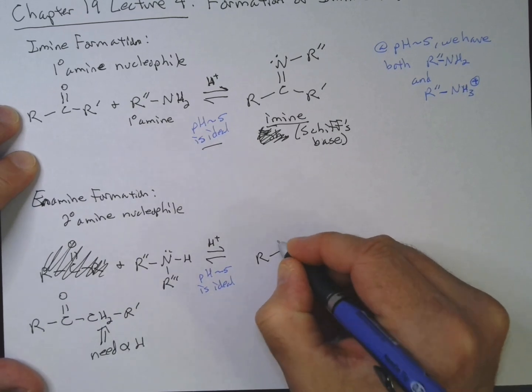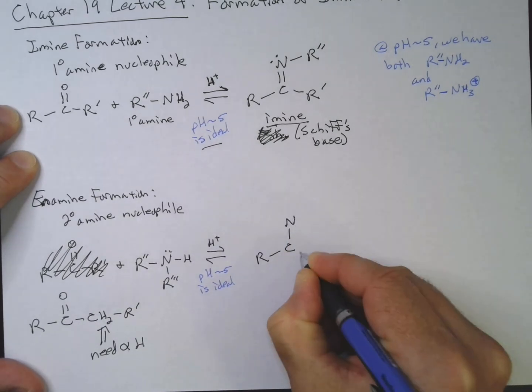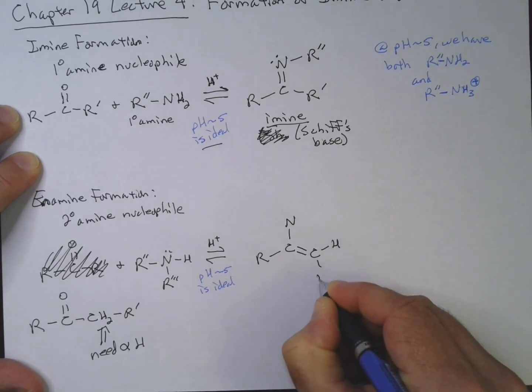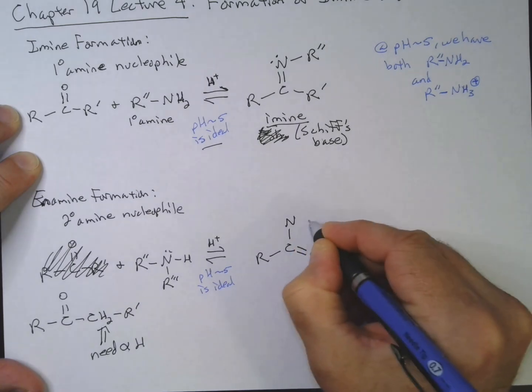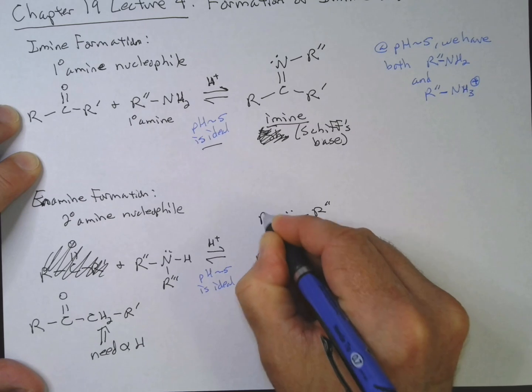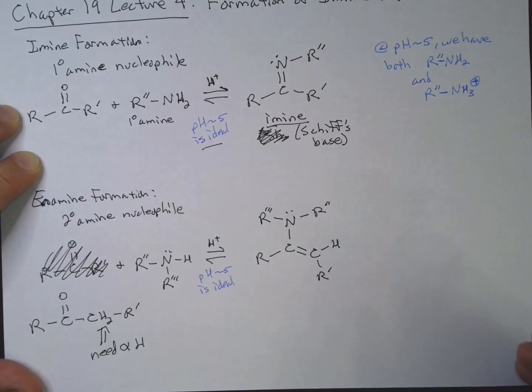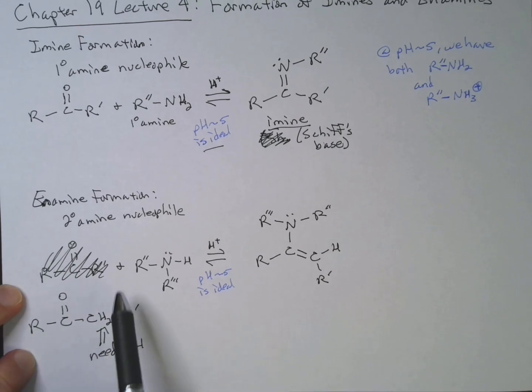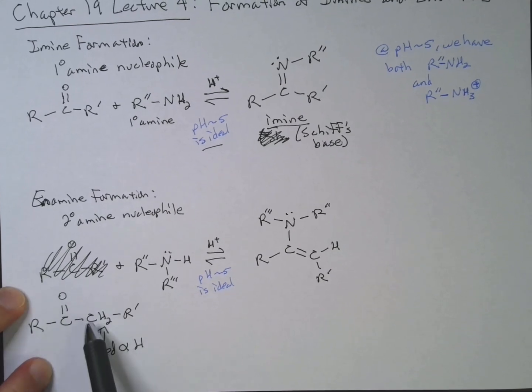So what we end up getting now is double bond CH R prime, and here I've got my R double prime and my R triple prime. Okay, so I've got all these alkyl chains here. I've got my ketone that has alpha hydrogens. What happens is I get a new double bond between the carbonyl carbon and the alpha carbon, so I lose one of those hydrogens.